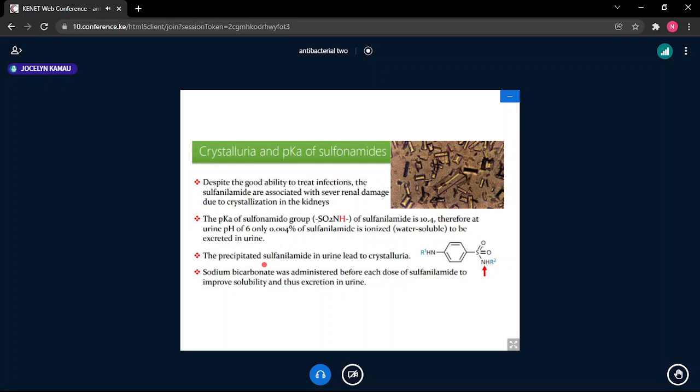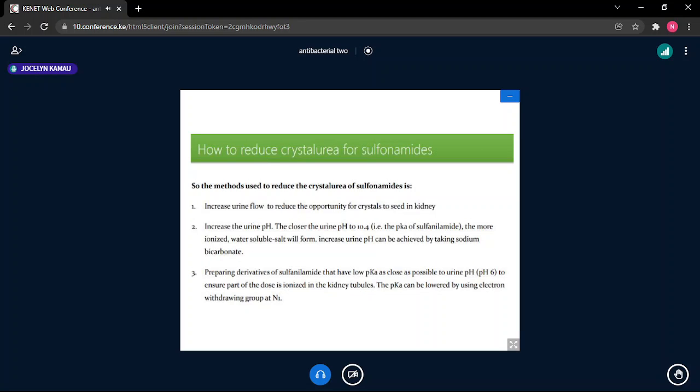The other thing you can do is increase the water or fluid intake. When you increase the fluid intake, you give a bigger volume of fluid in which the sulfonamide or sulfanilamide can dissolve. That is why when you dispense sulfonamides, you are supposed to advise your patients to take a lot of fluids, not necessarily water, to increase the intake of water.